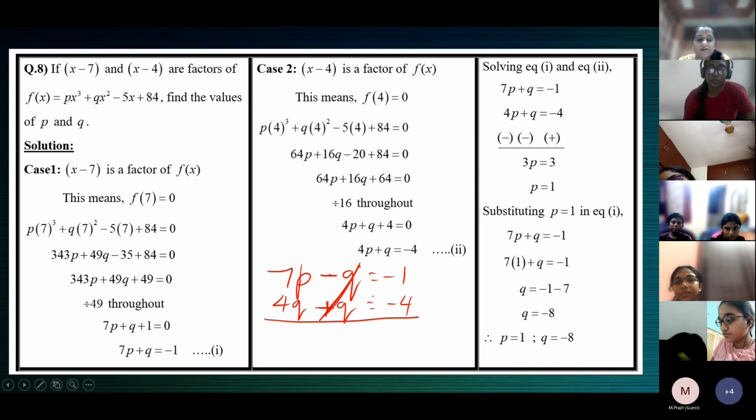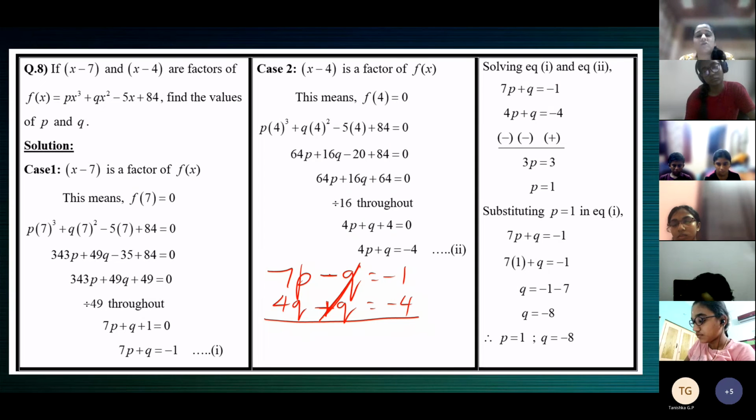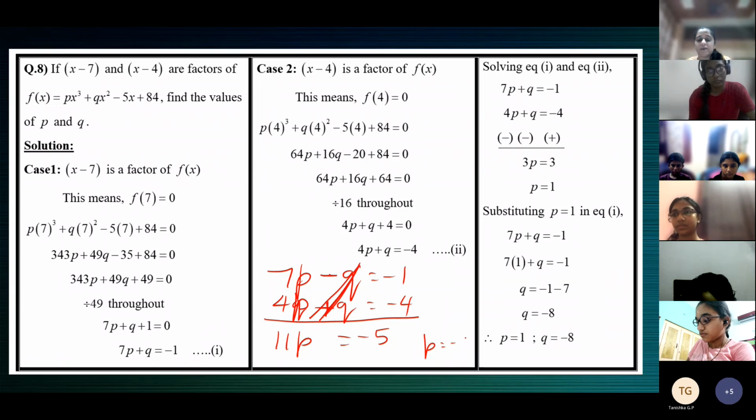It's not mandatory to change the signs. To eliminate a variable, you decide if you should change or not change the signs. So 7p plus 4p is 11p is equal to minus 5. So p is equal to minus 5 by 11.